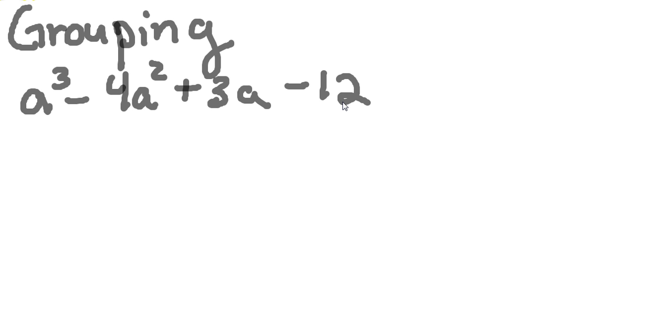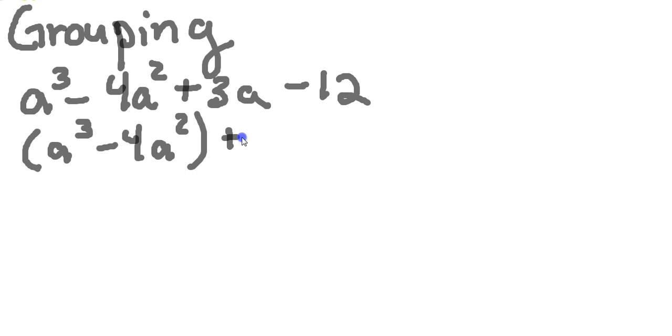So we can rearrange these using the commutative property to find how we want to group them. So let's start by grouping them just as it is. So we have open parentheses a cubed minus 4a squared close parentheses plus open 3a minus 12 close parentheses.